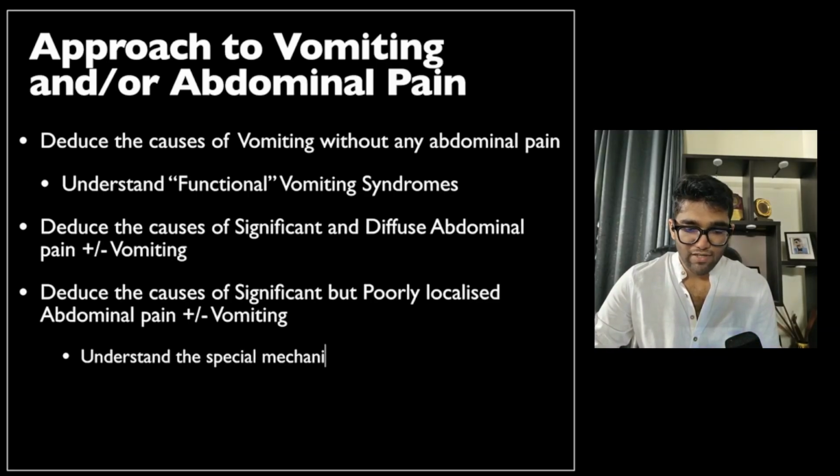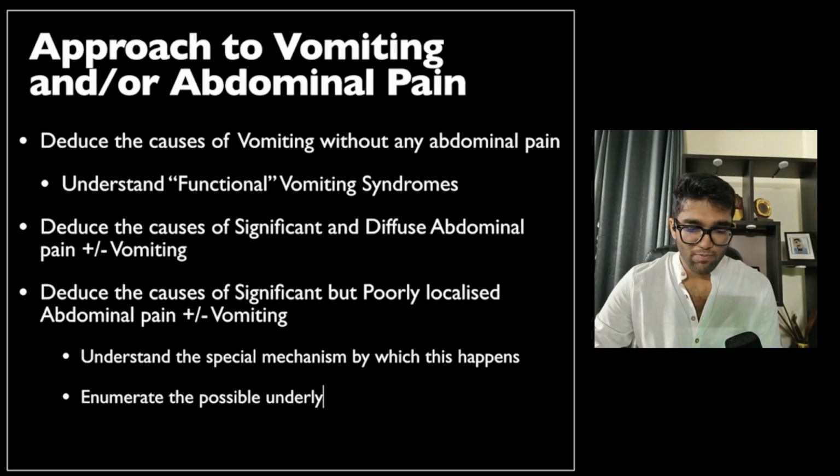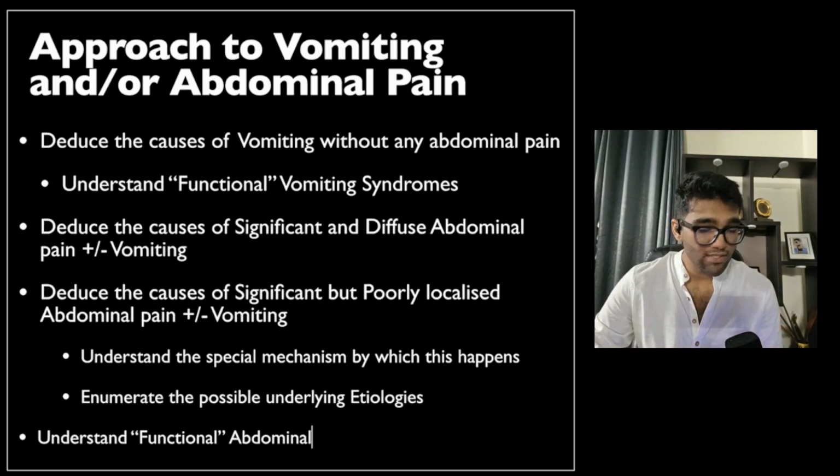Under that, we'll try to understand the special mechanisms by which this somewhat contradictory statement is explained, as in the pain is significant, but the patient cannot say where it is localized. Then we'll enumerate the possible underlying causes of such pain. And finally, we'll end with an understanding of what is functional abdominal pain.